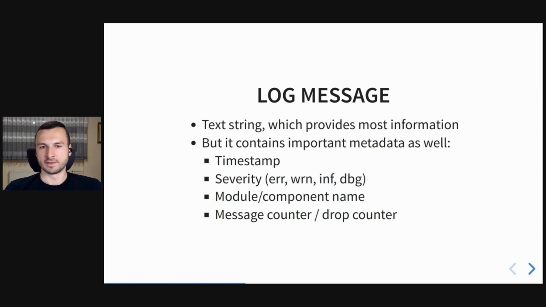And this is also quite important because it gives us possibility to get a feedback whether some log messages were dropped and we won't be seeing them. So at least it gives us feedback whether we missed some information or not. So this can happen when a lot of log messages are produced.